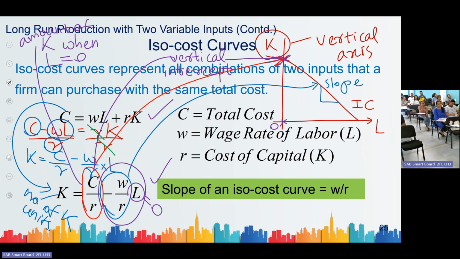What is the intercept? C over R. What is the slope? Minus W over R.